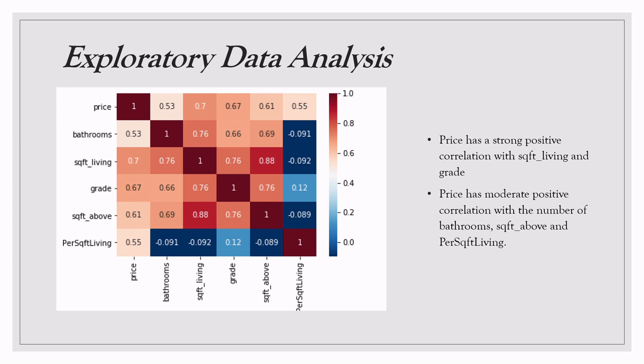From here, we can say that the strong predictors for increase in house price are square foot living and the grade of the house. The more living area the house has, it logically implies a higher price. And yeah, we are almost done with the exploratory data analysis.